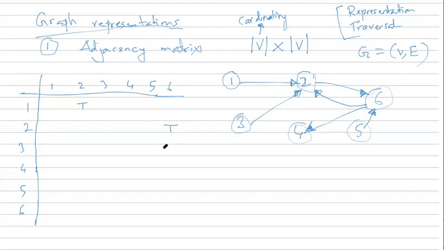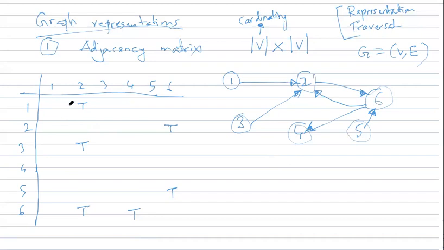So this is true. And then from 3, it goes to 2. So this entry is true. Then from 4, there is nothing. From 5, it goes to 6. So there is an entry here. And from 6, it goes to 2 and 4. So it's going to be true here and true here.